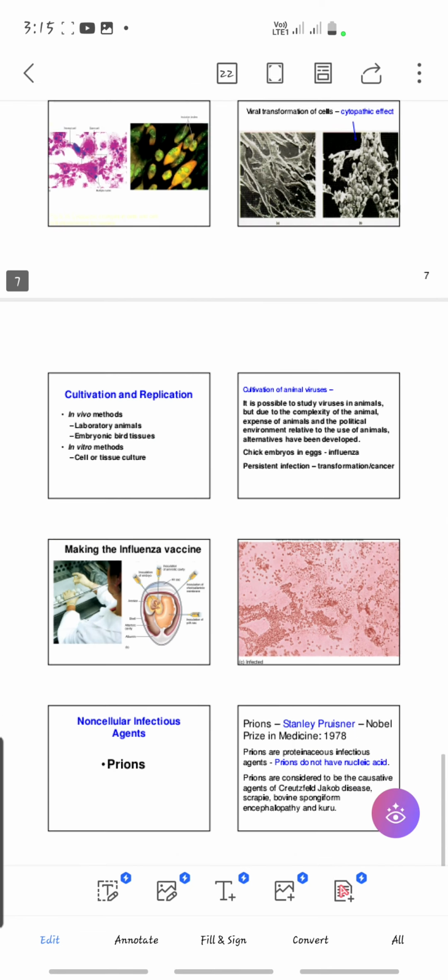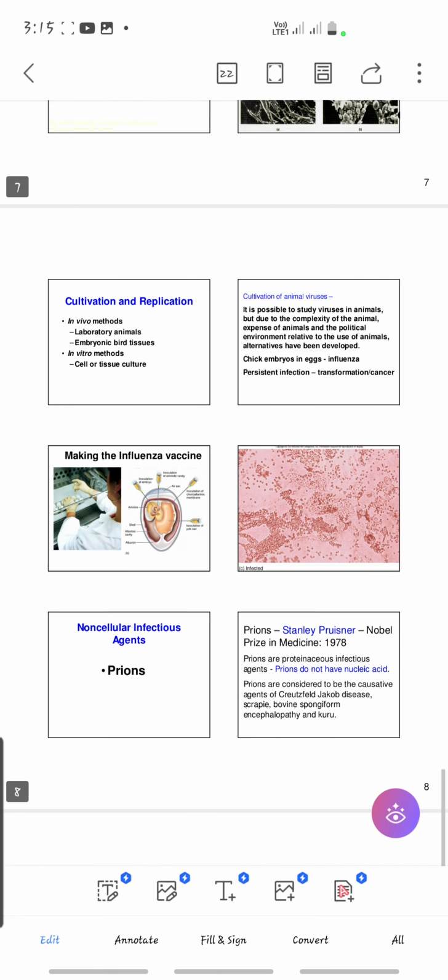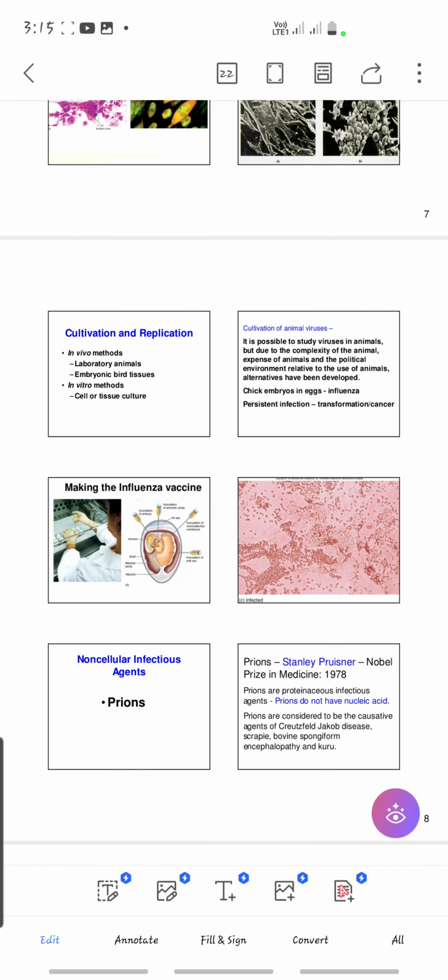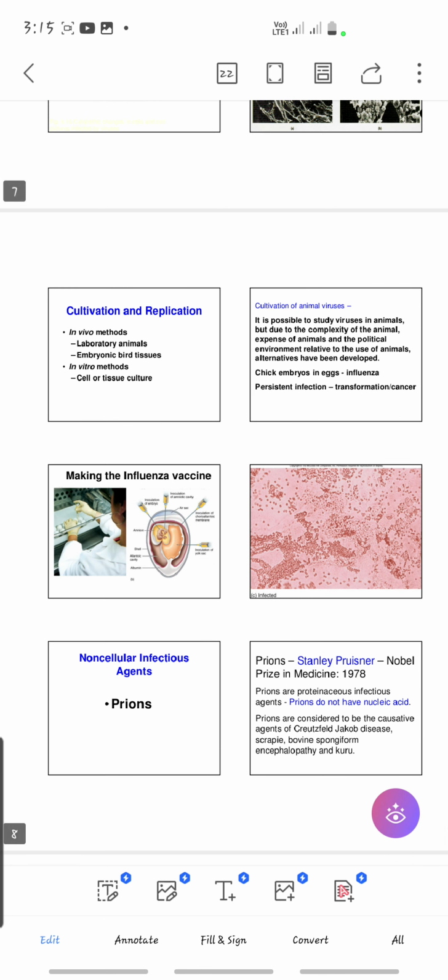Next we have cultivation and replication. These are the in vivo methods, using laboratory animals and embryonic bird tissues, and we also have the in vitro methods, which are cell or tissue cultures.